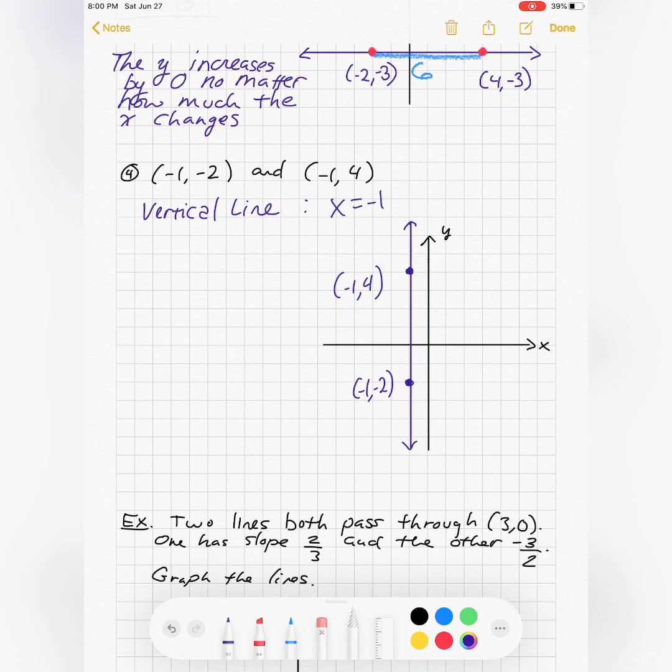So again, I'm interested in the slope, but look at these 2 points. The rise would be 6, but how much does the x change? It changes by 0. I can't divide by 0. So I would actually say that slope is undefined.